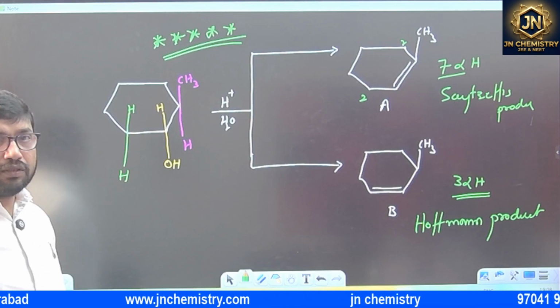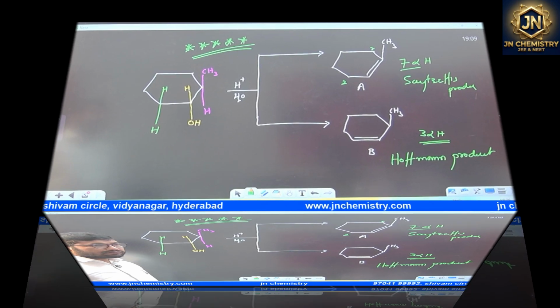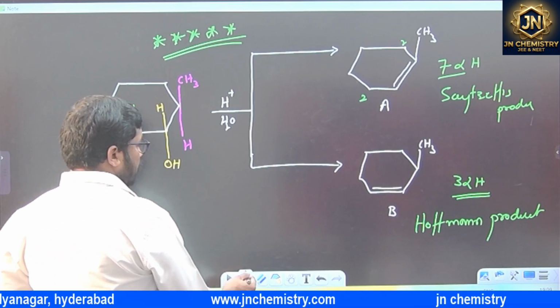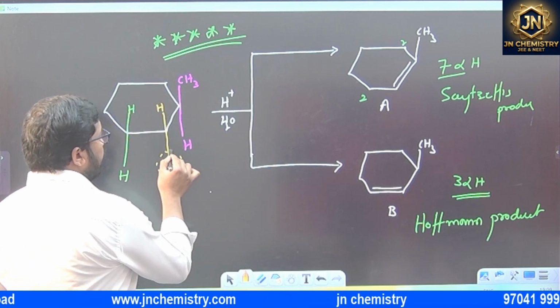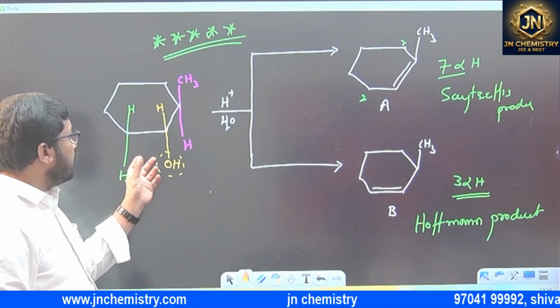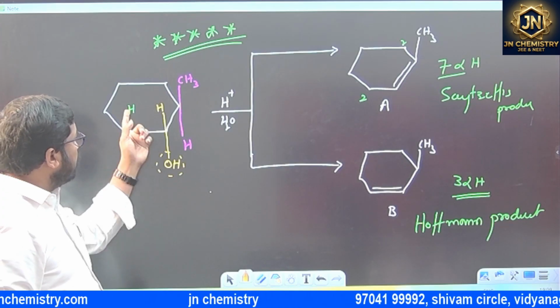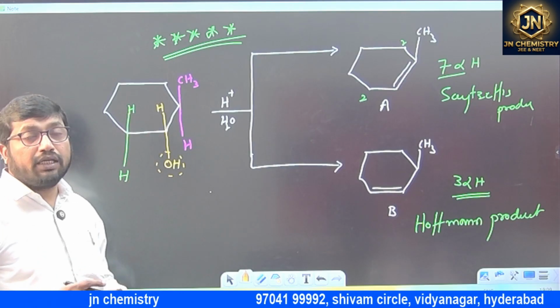So which is the major product in this case? Here are the stereochemical requirements; we need to cross-check the stereochemistry. This OH has an anti group. Along with the OH, the hydrogen we remove should be in the anti position.